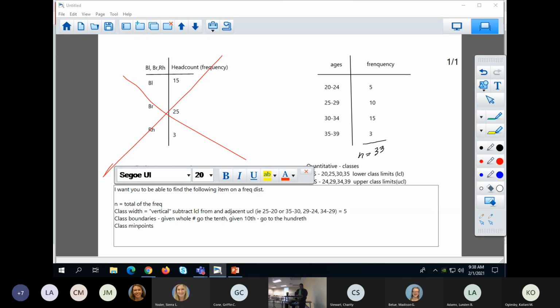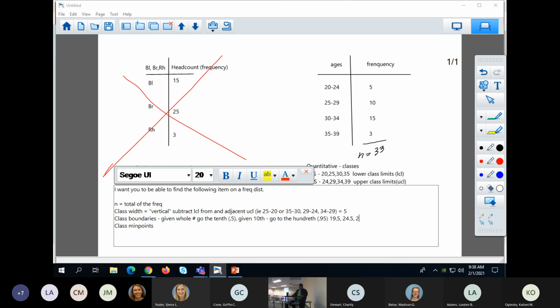I'm going to put a parenthesis here, 0.5 subtracted, and I'm going to put a parenthesis right here and put 0.5. So my class boundary for the first class is 19.5. 19.5 plus 5 is 24.5.